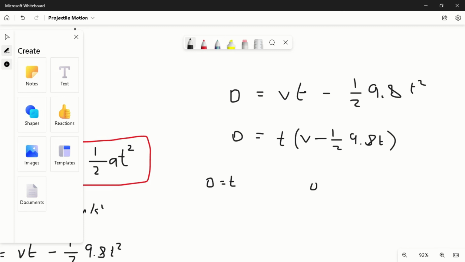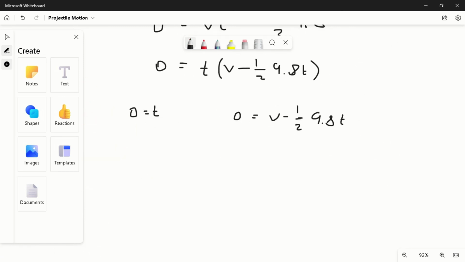We actually care about this solution, which is 0 equals v minus a half 9.8 t. This is the second solution for when our vertical displacement is 0, and it's the one we care about. So we'll solve for time. We get negative v equals negative a half times 9.8 t, which I got by subtracting v from both sides.